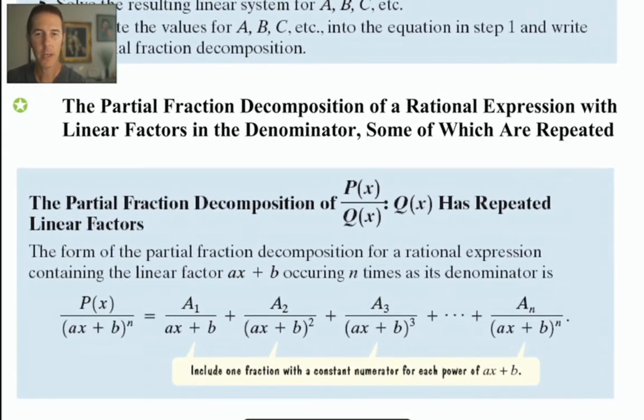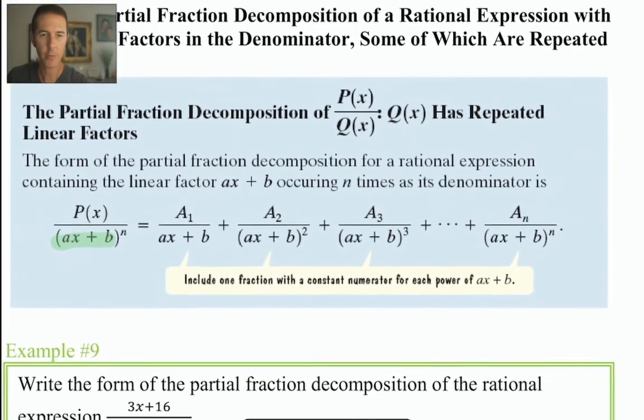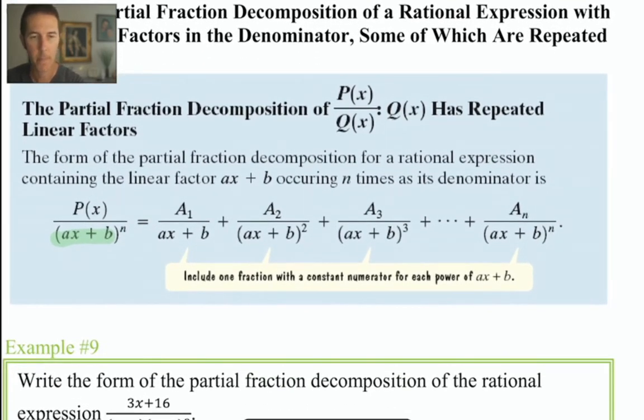Now, here we're looking at the possibility of having some repeated linear factors in the denominator. So not only are we having an a plus b in the denominator, but that a plus b is now being raised to the nth power.